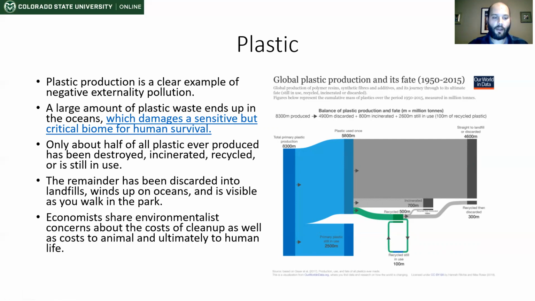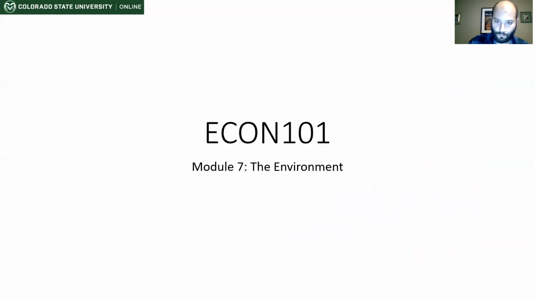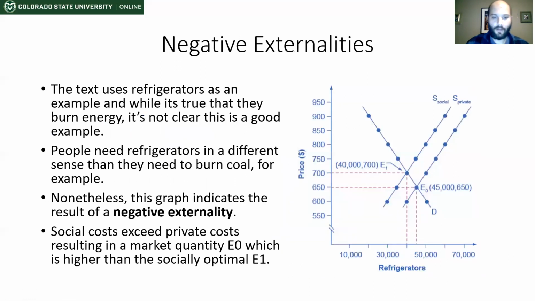All right, so economists share environmentalist concerns about the costs of cleanup as well as the cost to animal and ultimately to human life. Again, going back to this negative externality graph over here, right?